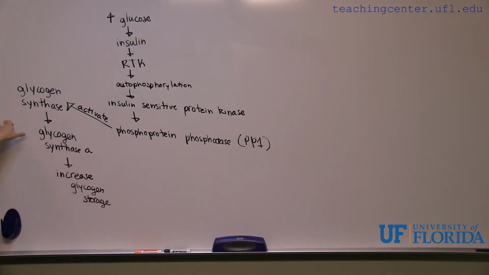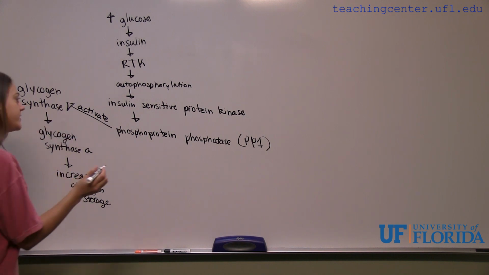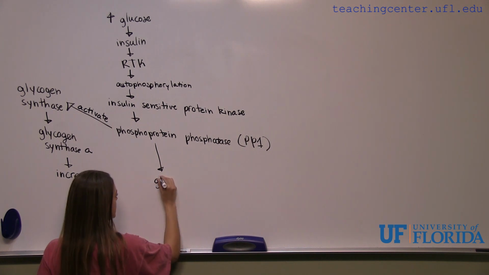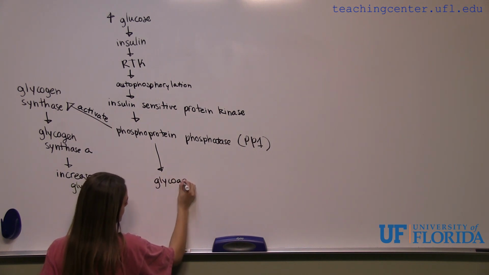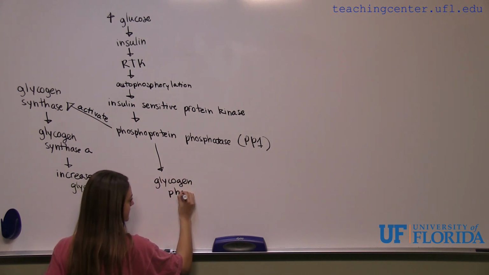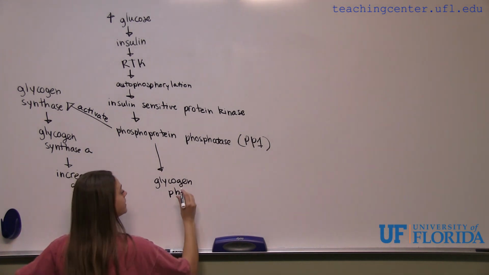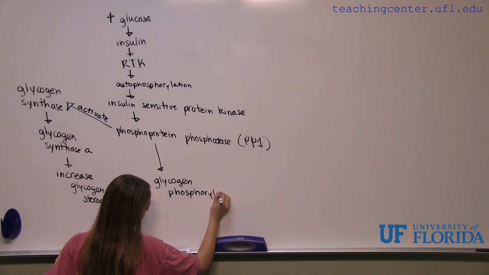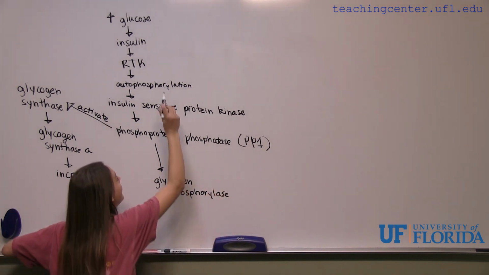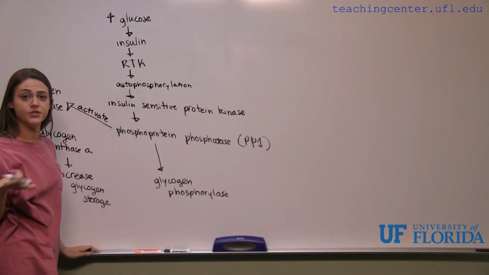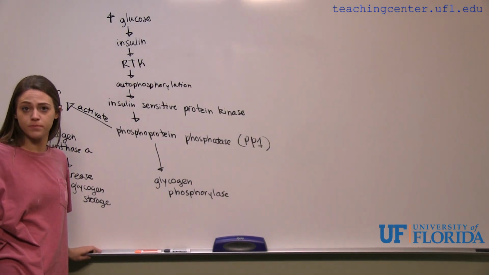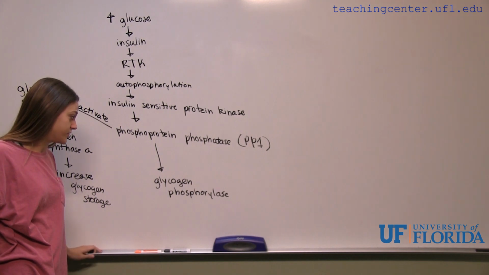Okay, now we're going to discuss glycogen breakdown. So here we have glycogen phosphorylase, which is the enzyme used to break apart glycogen. And if we already have high blood glucose, we don't want to break down our glycogen because then that will result in even higher blood glucose levels.